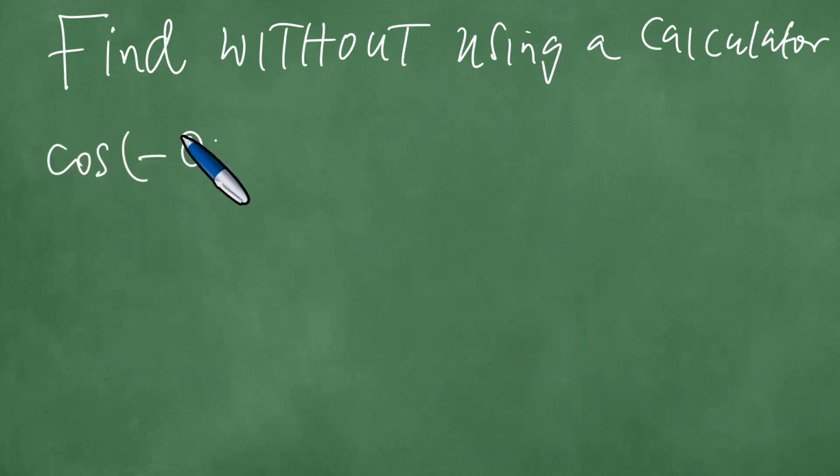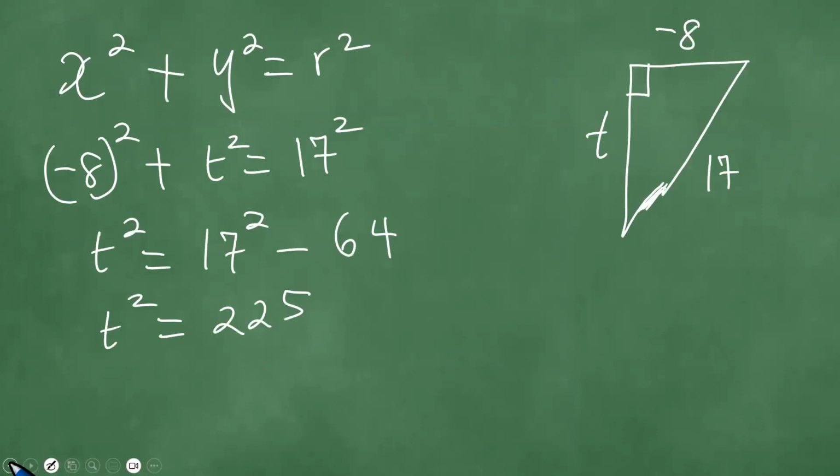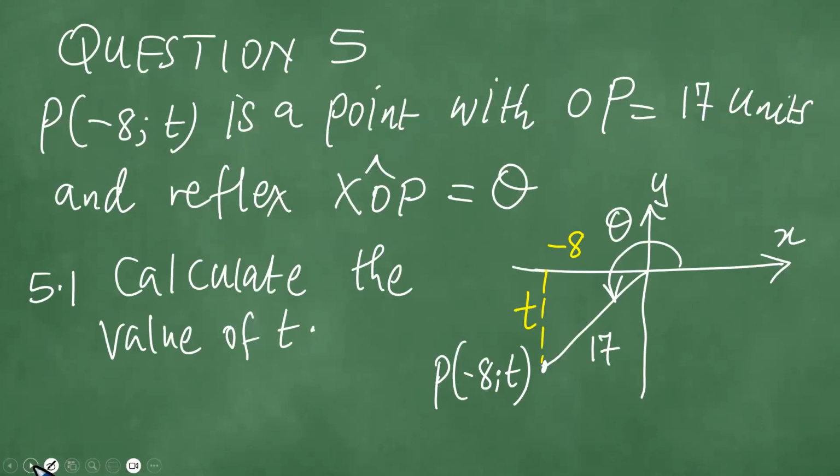Right, we have cosine of minus theta, which is 5.1.